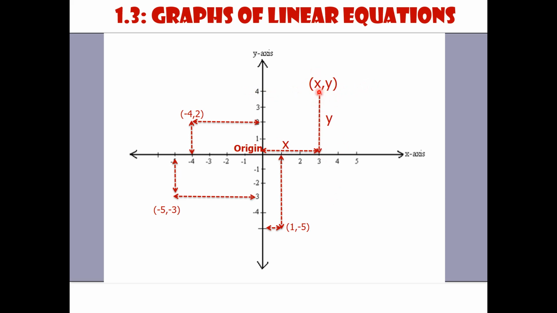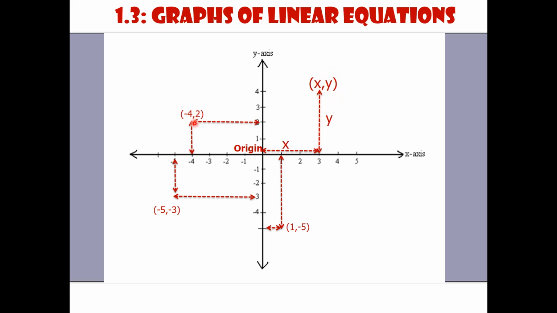For example, if you want to determine the coordinates of this point, then x is above the number 3. So x will be equivalent to 3, and y is adjacent to the value of 4. And this is the way we identify the coordinates of this point.